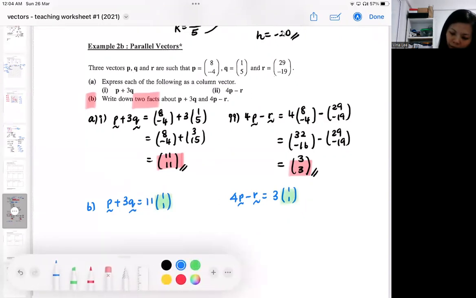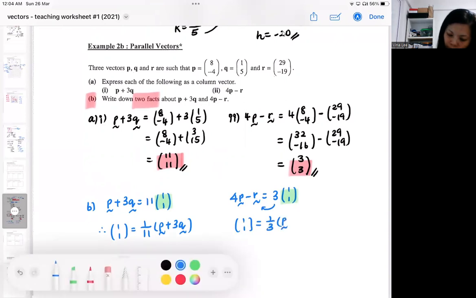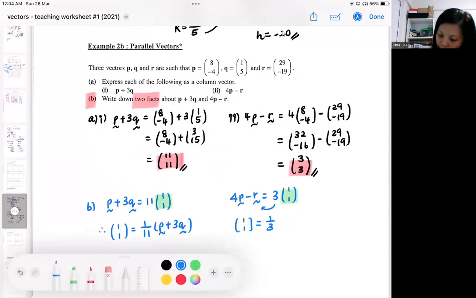If I target the 1, 1, it means that it will be 1 over 11 of P plus 3Q. So I divide by the 11, and here I divide by the 3 as well. So I will get 1/3.